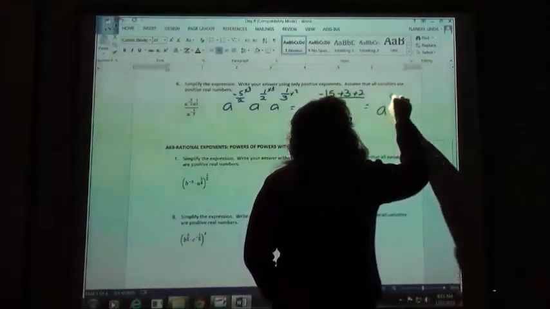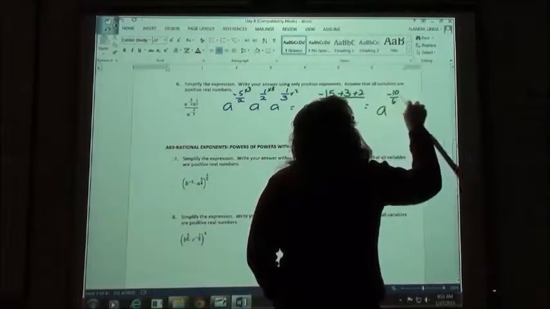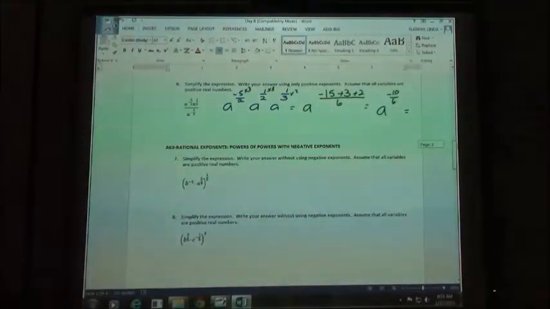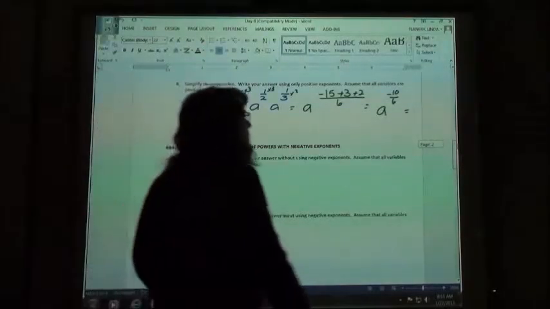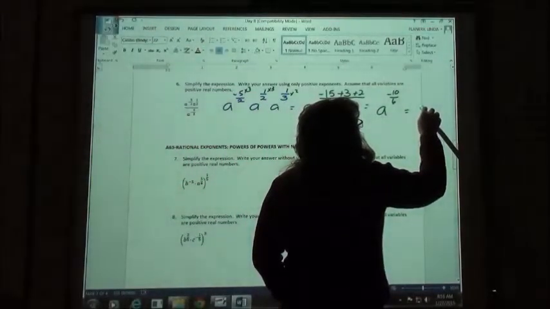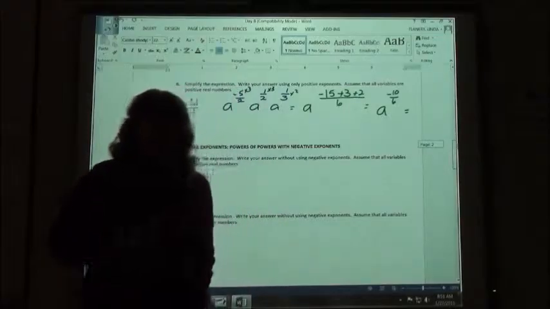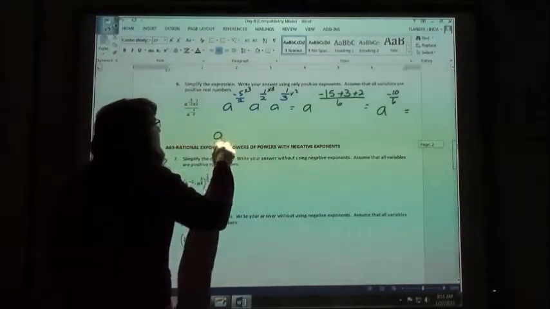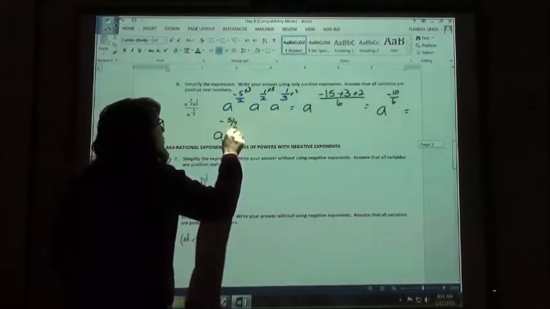I have a to the negative 10/6. First thing, I can reduce that down, right? If I reduce 10/6, I would get 5/3. So I'd have a to the negative 5/3.